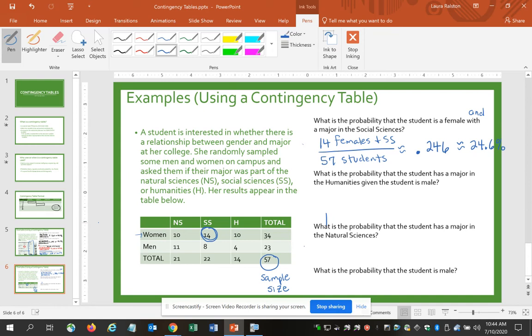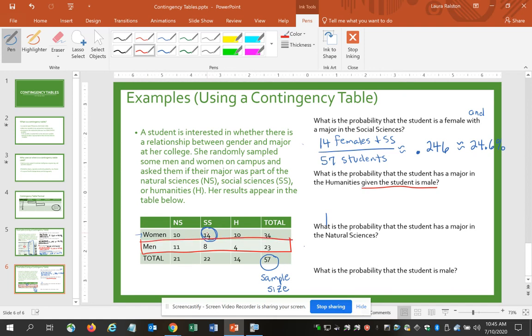Okay, the second one says, what is the probability the student has a major in the humanities given that the student is male? Notice in this question it says given that the student is male. So we know that the student is male. So I'm going to focus just on the row of the table that represents males or men.